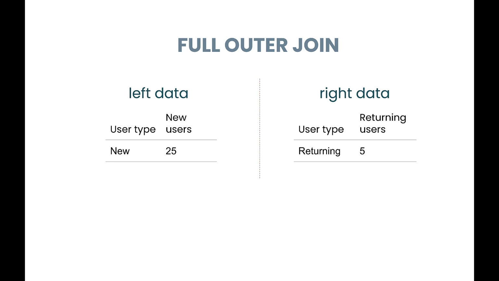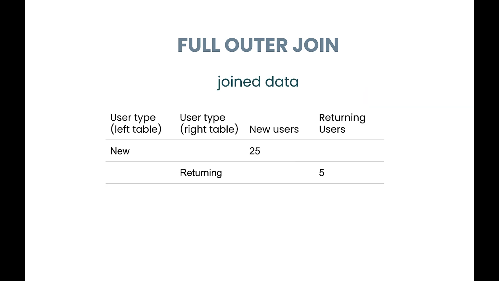We're going to specify user type as the join condition, but in a full outer join, when the join value doesn't match, so in this case, we've got new on the left table and returning on the right table, so they never match, it's going to add a row for each row in both the left and right tables.